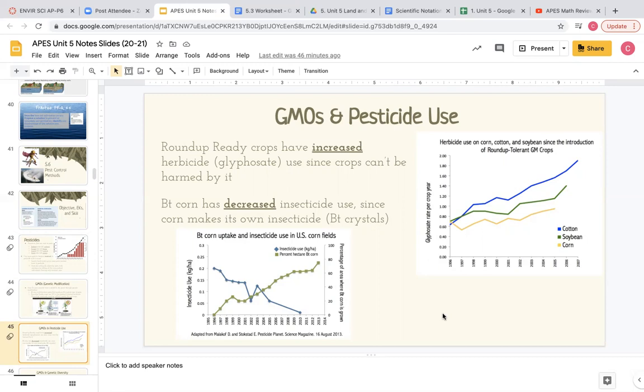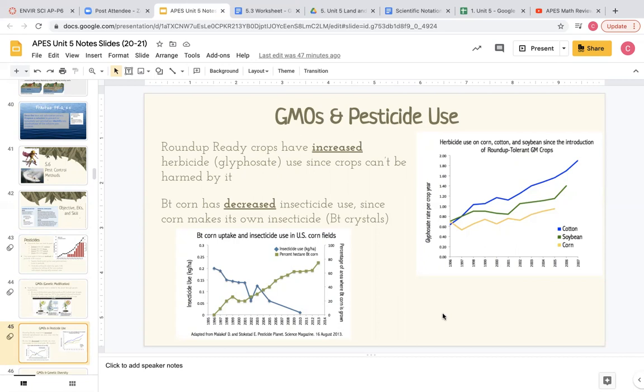And then this Bt corn has decreased insecticide use since corn makes its own insecticide now. So remember when I said that they inserted the corn plant with the gene from the bacteria that is resistant to insects. So it's kind of a, I don't want to say darned if you do, darned if you don't, because the genetic modification for resistance to Roundup is good for the corn plants, but it has increased our use of herbicides.